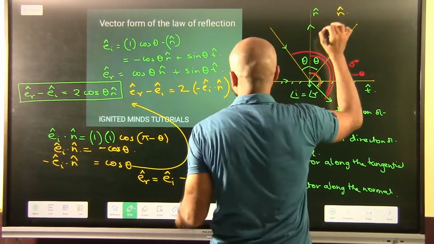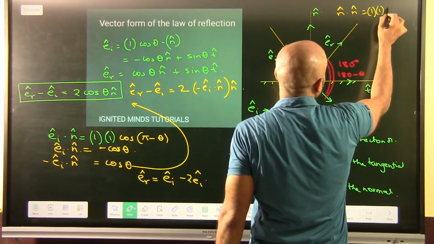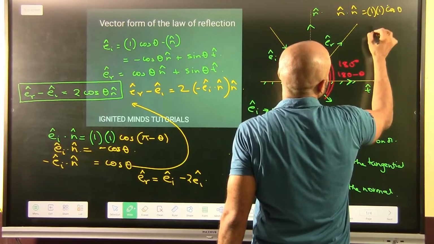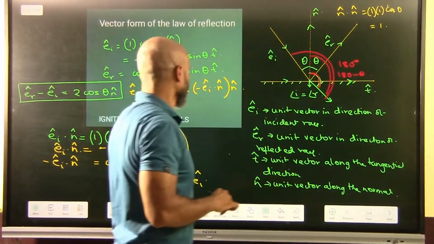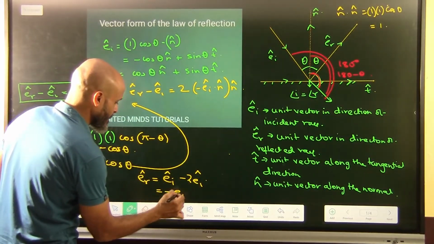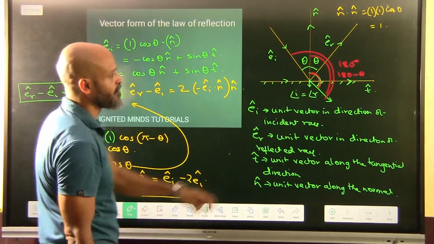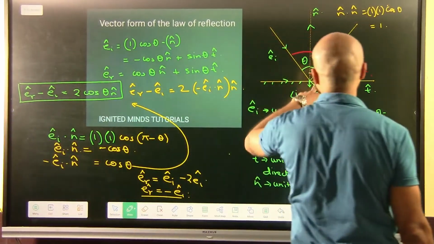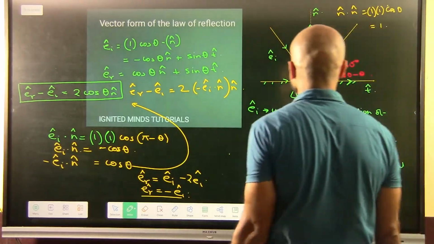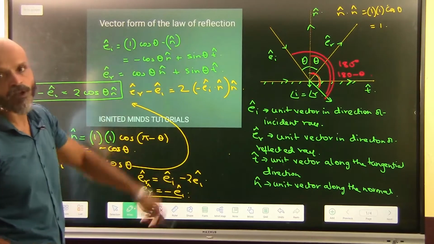The unit vector n multiplied by the unit vector n, so this will be 1 into cos 0, which is basically 1. So, this is what we get: ER vector will be equal to minus EI vector. ER vector will be equal to minus EI vector. That's the vector form of the law of reflection.